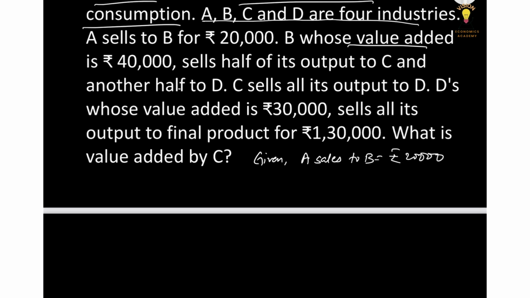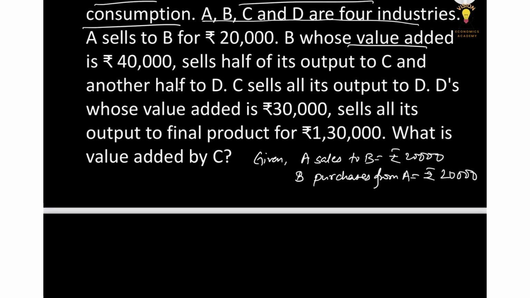Okay. Then B's purchases become, so B's intermediate consumption becomes 20,000, right? Then what is given?